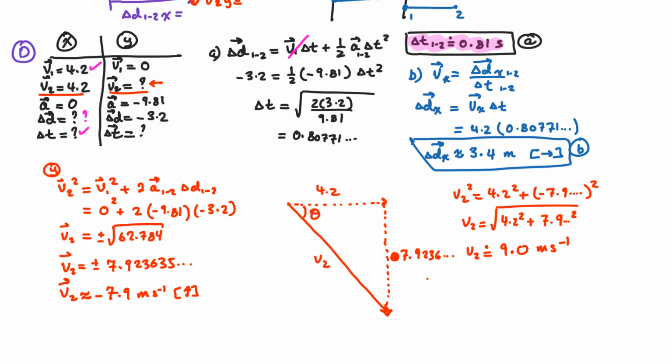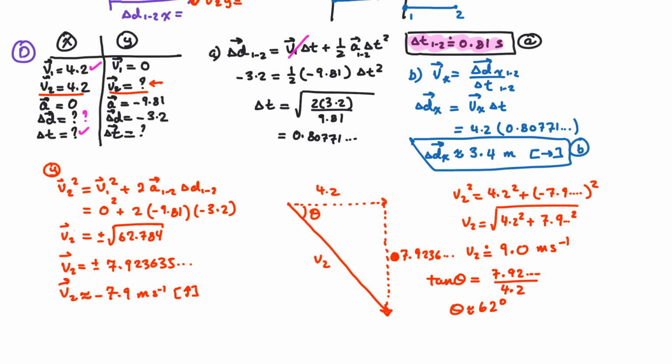And I will find the angle using the tan ratio. So tan theta is equal to the opposite, which in my case is 7.92, divided by the adjacent, which is 4.2. I will take the inverse tan, and when I plug that all in, I will get 62 degrees for my final answer for the angle.